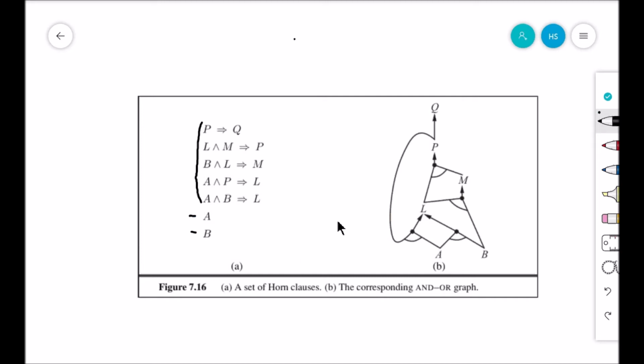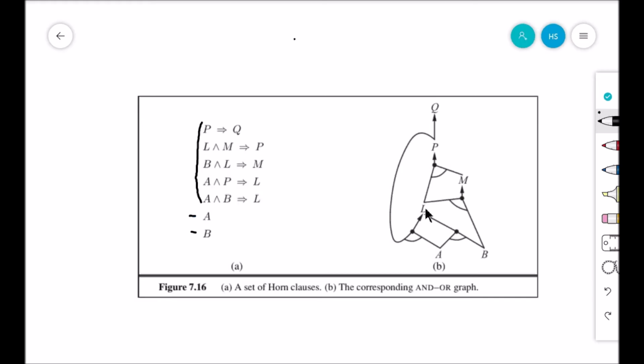Now, on the right-hand side, figure 7.16b, what we have is what's called an AND/OR graph. The way you look at this is you can see all your literals: the Q, the P, the M, the L, the B, and the A, and all of the different links.